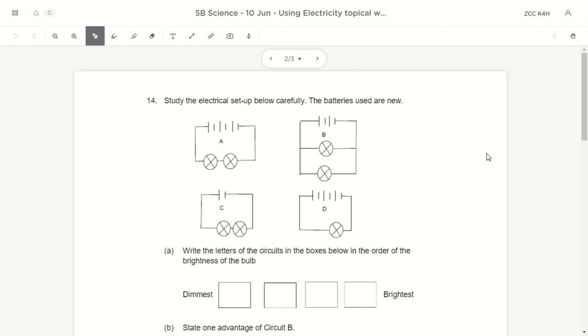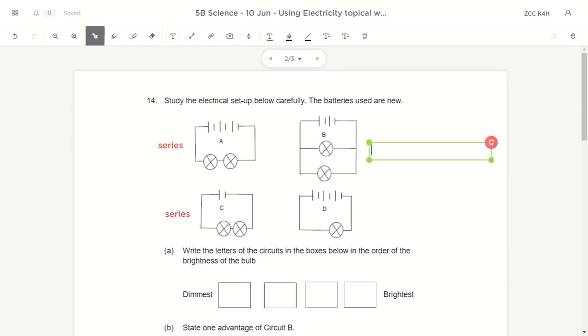Question 14 is you have four circuits over here. Let's identify how they are arranged. This one, both the batteries and the bulbs are arranged in series. While this one, there's only one battery, but the bulbs are arranged in series.